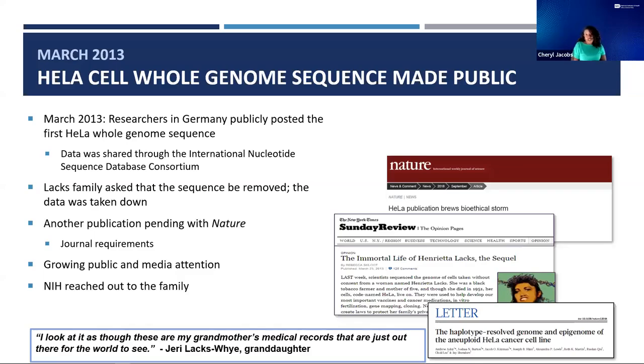There was growing public and media attention, and NIH, realizing that the agency funded a significant amount of research with HeLa cells, stepped in and reached out to the family.